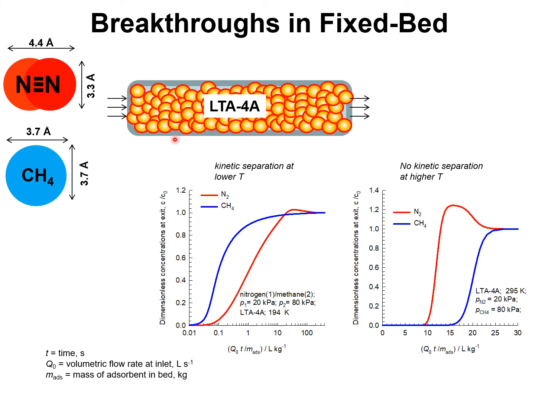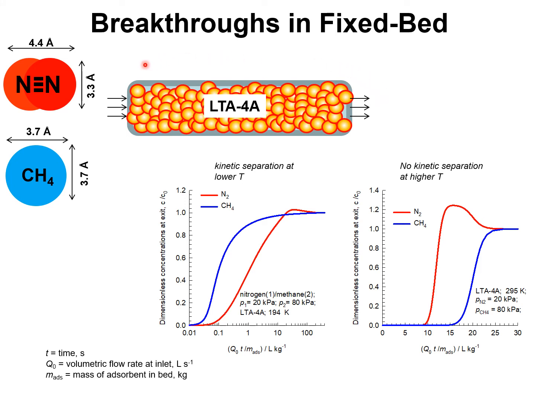So far, we have been examining transient uptake within a single particle. Let us turn our attention to breakthroughs in a fixed bed adsorber, in which a feed mixture is introduced at the inlet, and we look at the gas compositions at the exit.